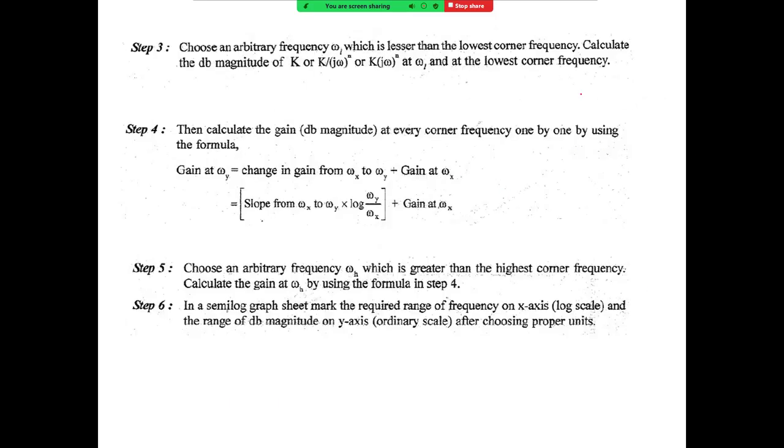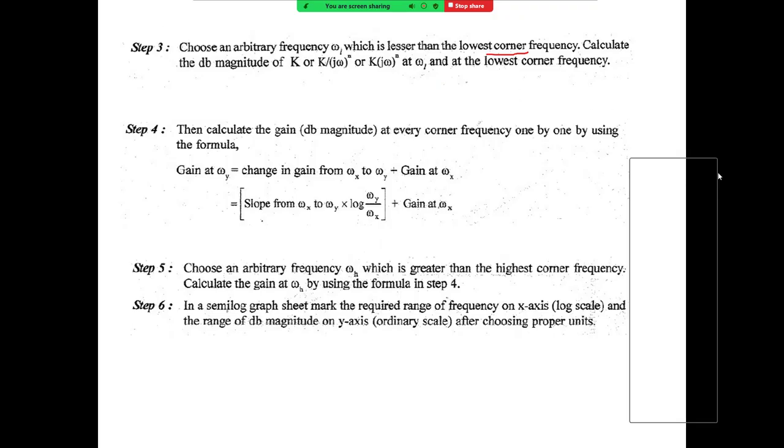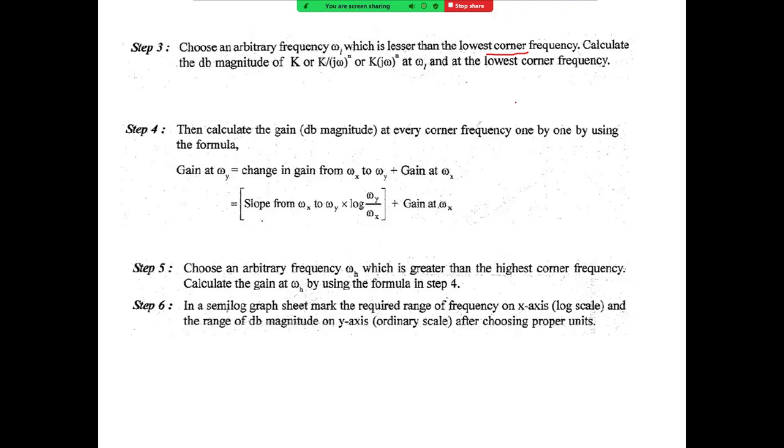Then we choose one frequency lower than the lowest corner frequency. This value will be omega L. Omega L should be less than the first corner frequency value; how much less depends on the problem. So omega L should be less than omega C1.